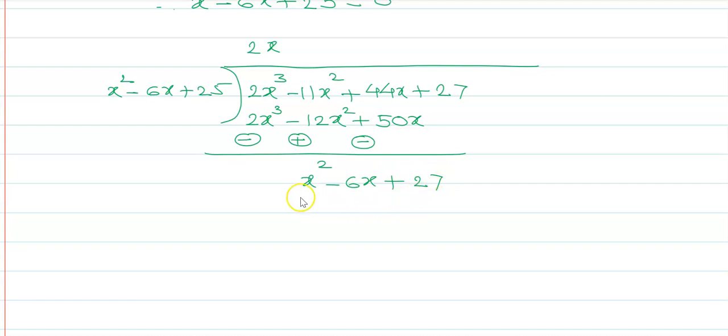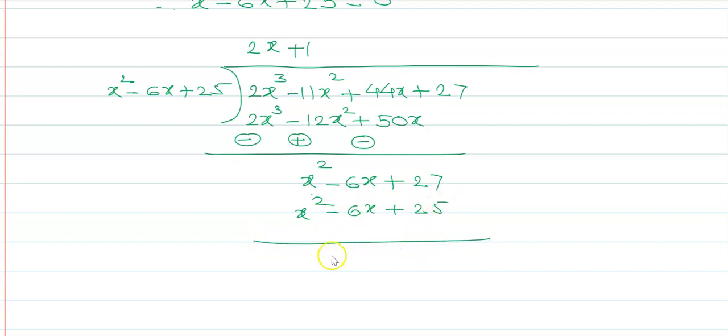Okay. Again consider here the first term is x square and here is x square. Again to get the x square I should multiply this whole polynomial by plus 1 and hence it is plus 1. Now 1 into x square minus 6x plus 25, it is as it is x square minus 6x plus 25.